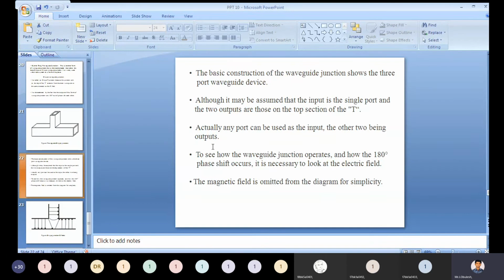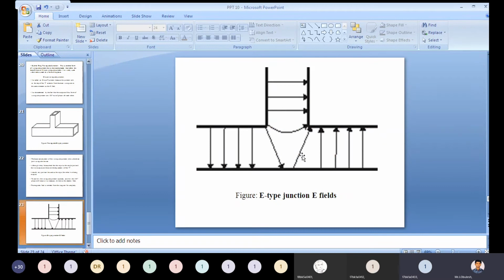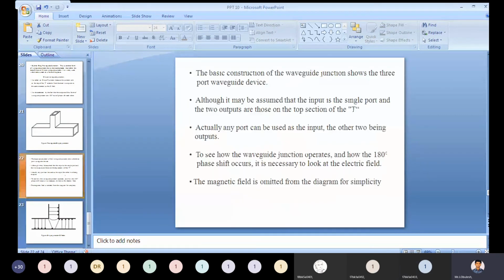The basic construction of the waveguide junction shows a 3-port waveguide device. See in the diagram, this is the 3-port waveguide junction.